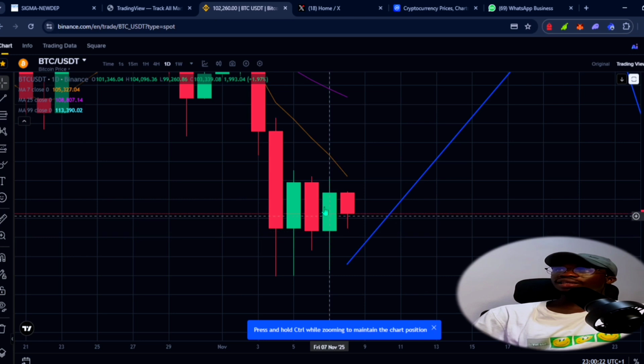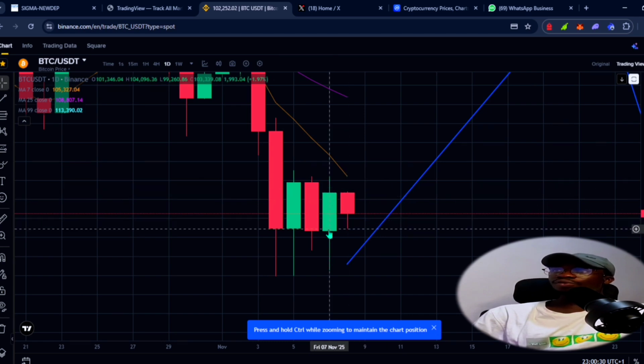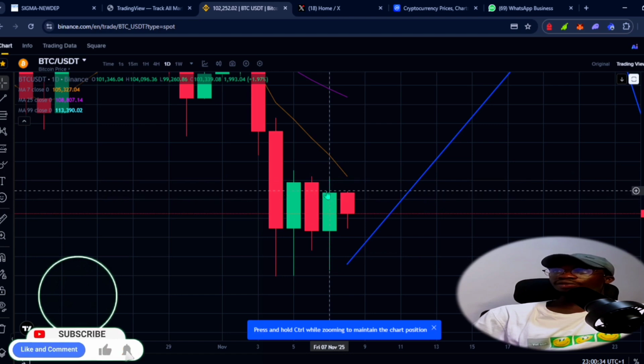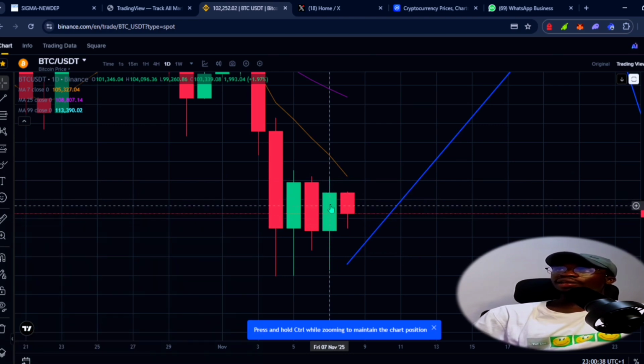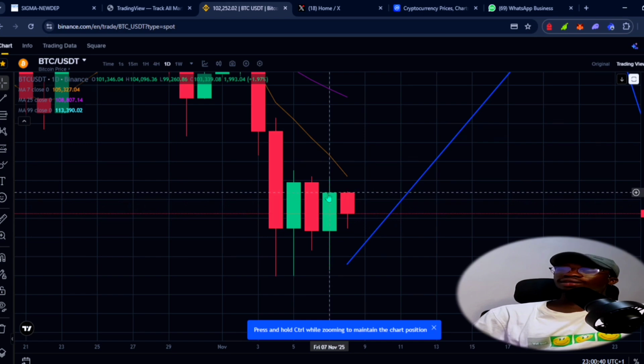This is the open right here. This is the close. So the market will only be green if the close, which is here, is higher than the open, which is here, right? The market has been to this side, but it closed right here. So on this particular day, we had a long candle, a green candle.